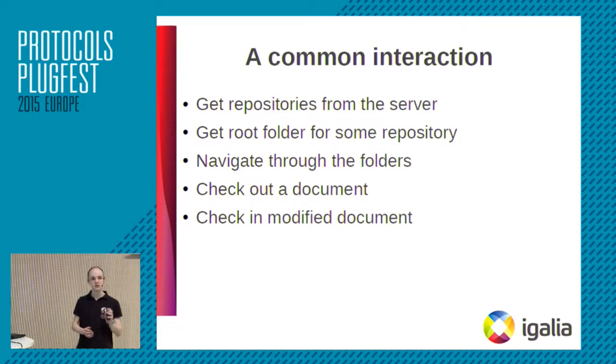Then once you have selected one of them, you would like to get the root folder of that repository and then navigate through the folders until you reach the document you want, then check it out, create a new private working copy and get its contents and work on it, and then you can check it in with the modifications and adding a new revision to that content in the server.